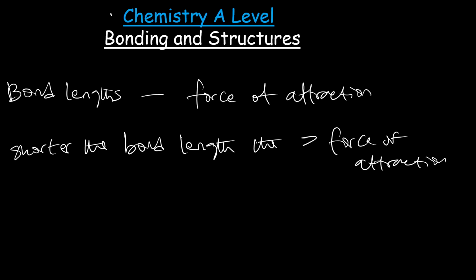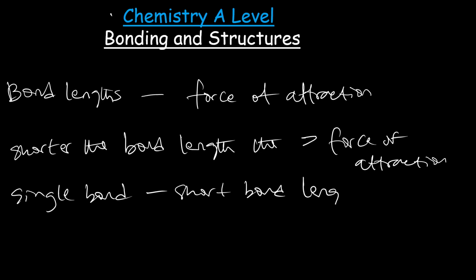Okay, now how do we know which bond lengths are shorter or longer? Now, a single bond appears to have the shortest bond length. Okay, so single bonds have short bond length, while double bonds and triple bonds have longer bond length.